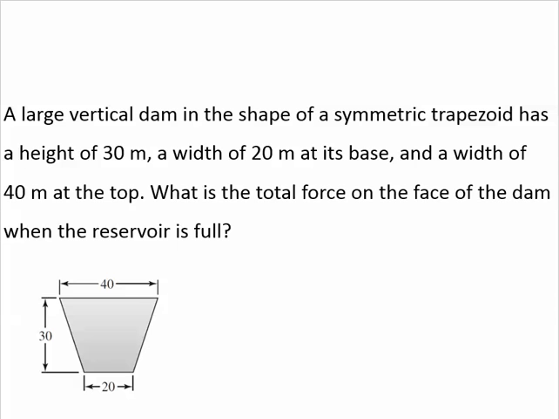Let's do an example. A large vertical dam in the shape of a symmetric trapezoid has a height of 30 meters, a width of 20 meters at its base, and a width of 40 meters at the top. What is the total force on the face of the dam when the reservoir is full?